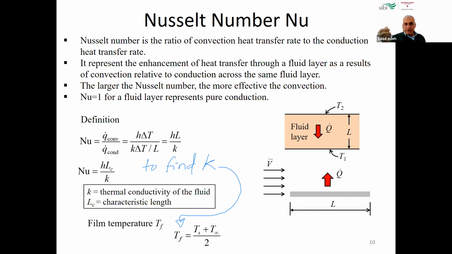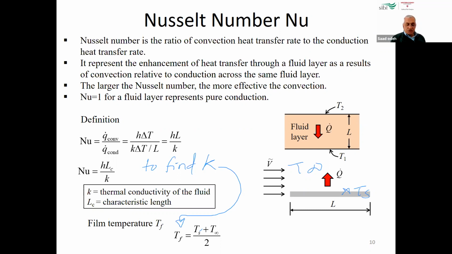So when you go to tables, you shouldn't use, for example, the surface temperature or T infinity, because surface temperature is the higher temperature and T infinity is the lower temperature.